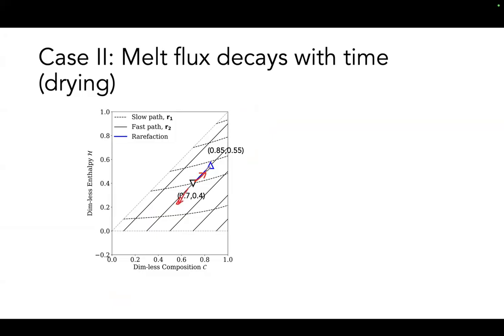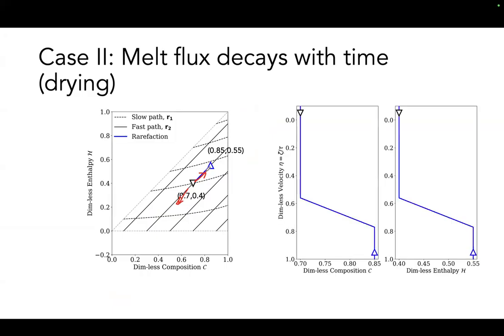So in this case, it results in this self-smoothing front called a rarefaction front or a drying front. So this drying front comes in between these two state points. So this is your top state and this is your bottom state. And these are connected by this self-similar drying front.